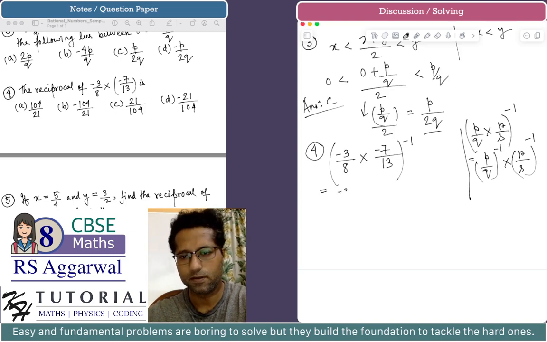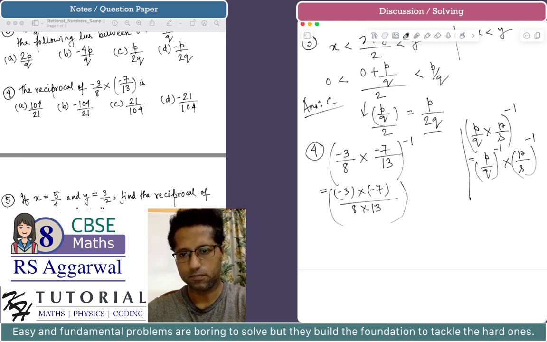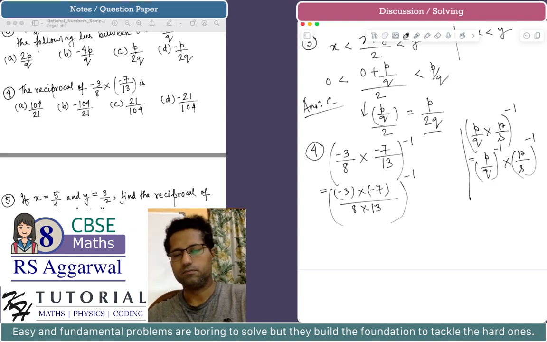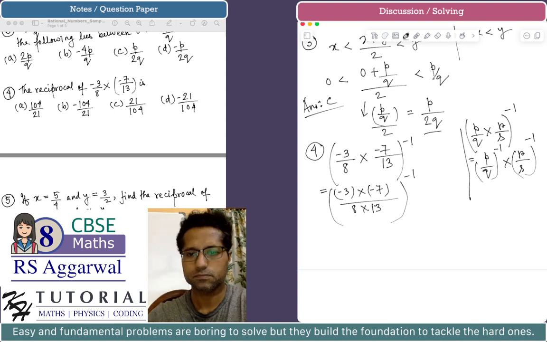So we will have minus 3 multiplied by minus 7 divided by 8 into 13, whole reciprocal. So we first did the product of the two rational numbers and then we applied the reciprocal.